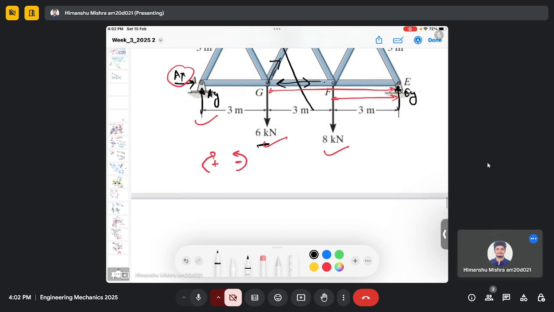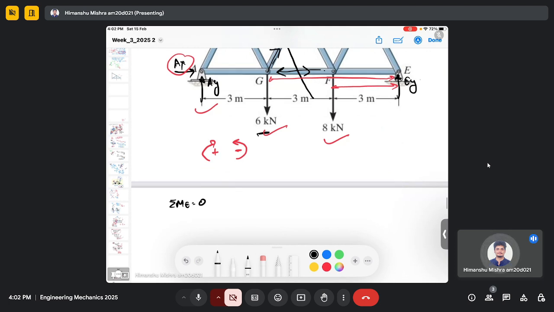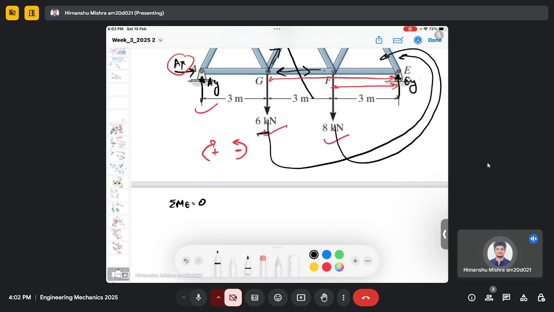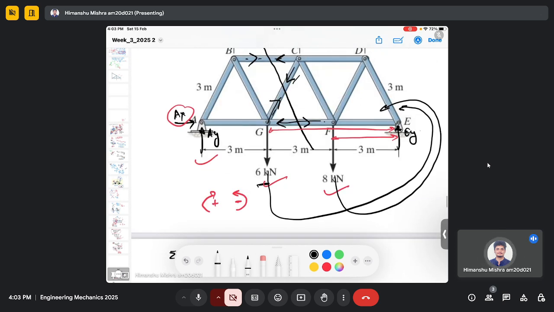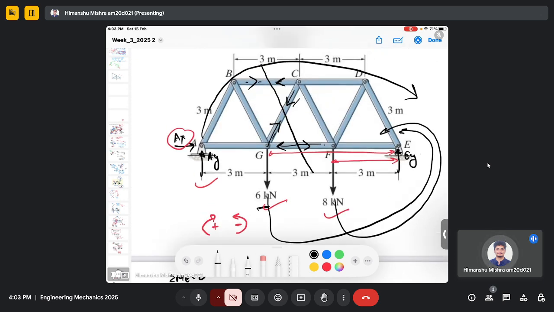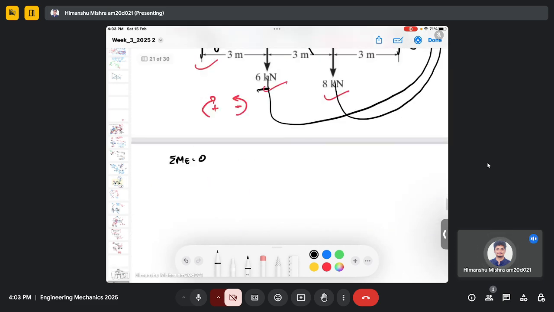So if I sum the moments about point E, equilibrium states it should be equal to 0. We can see the direction of the 6 kilonewton force is downward, and it will rotate around point E in an anti-clockwise manner, and same with the 8 kilonewton force. But AY rotates about point E in a clockwise manner. So it is AY multiplied by 9 minus 6 multiplied by 6 minus 8 multiplied by 3 equals 0.